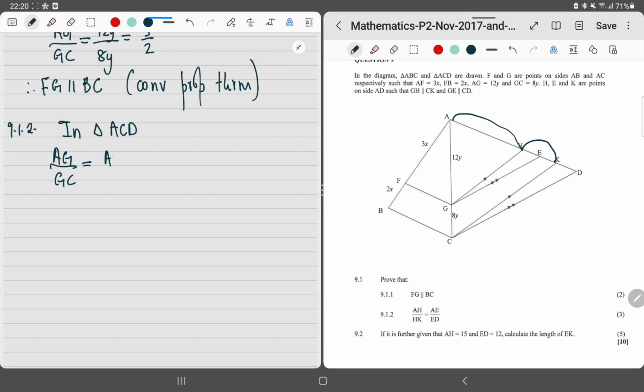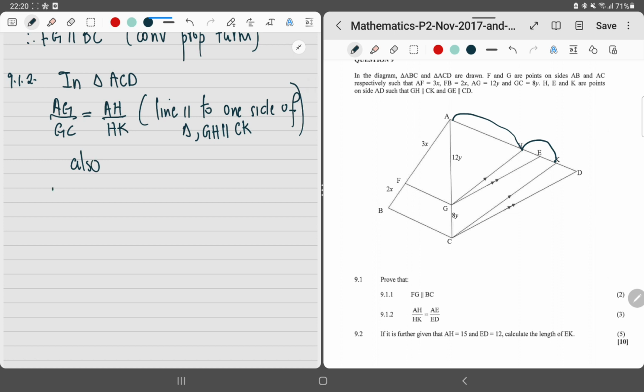So this is going to be AH over HK. Line parallel to one side of triangle. And that line is GH parallel to CK.